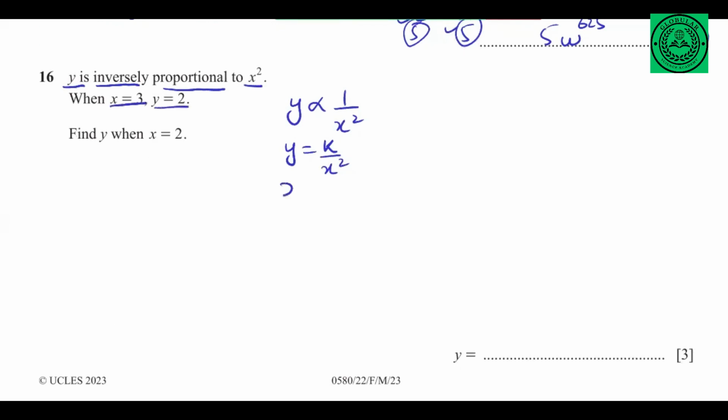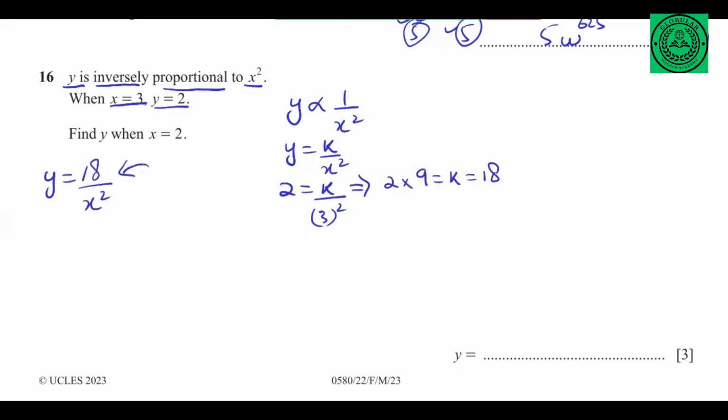So when y is 2, we can find the value of k with x being 3 square. So 2 times 3 square, which is 9, is equal to k. So k turns out to be 18. So the connecting equation that we get is y equals 18 upon x square.